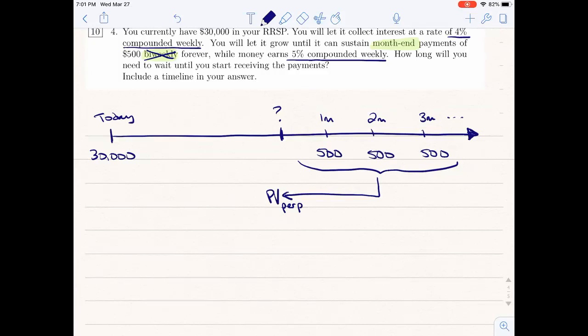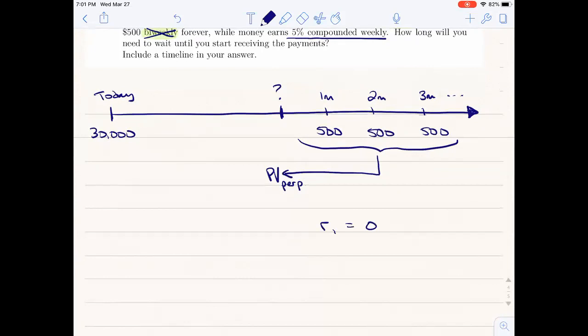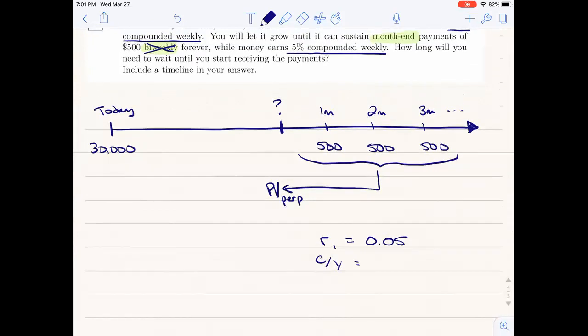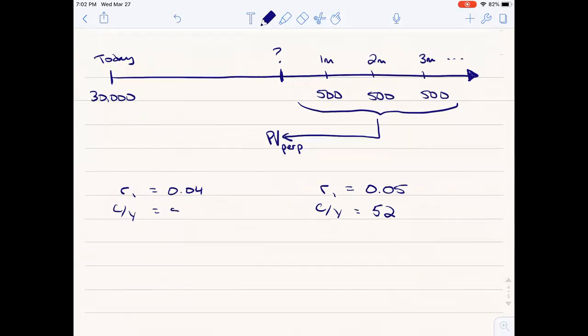So this perpetuity section has a rate of 5% compounded weekly. And then this next section has a rate of 4%, also compounded weekly.